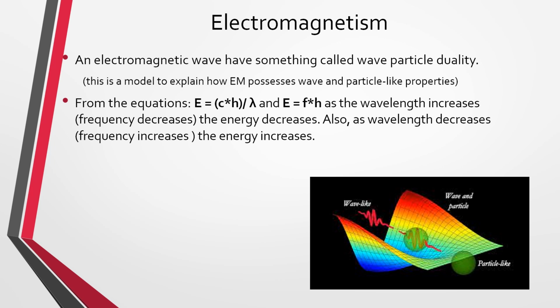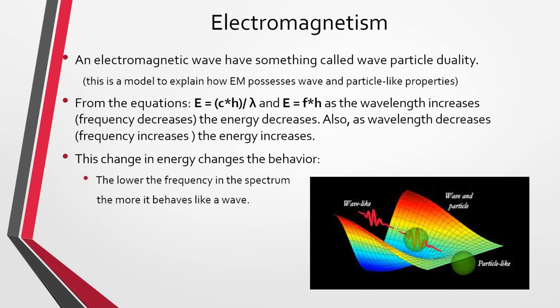This change in energy changes the behavior of waves throughout the spectrum. The lower the frequency in the spectrum, the more it behaves like a wave. So lower frequencies would be something like the radio waves, and even maybe microwaves, perhaps, and they behave more like a wave.